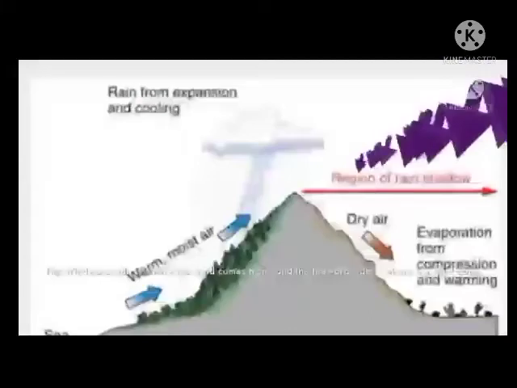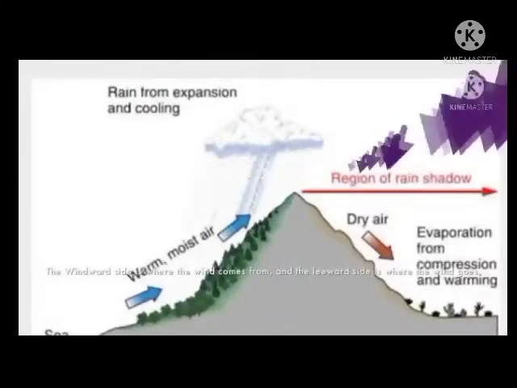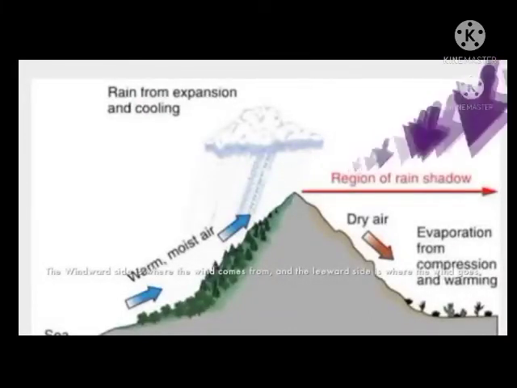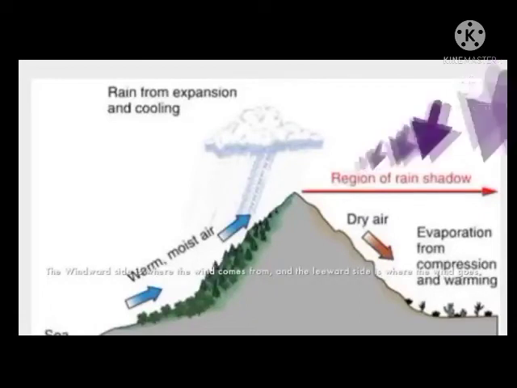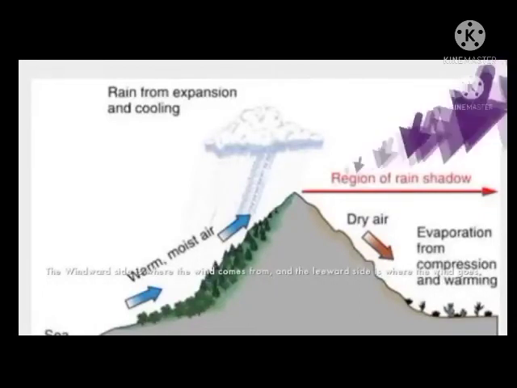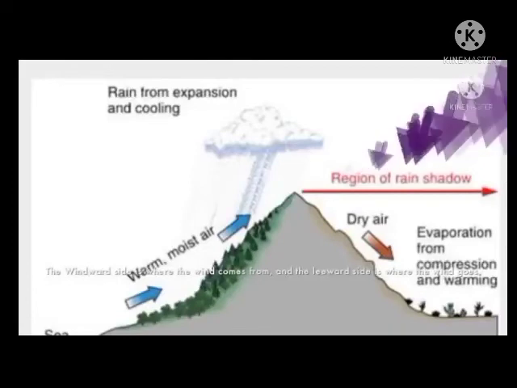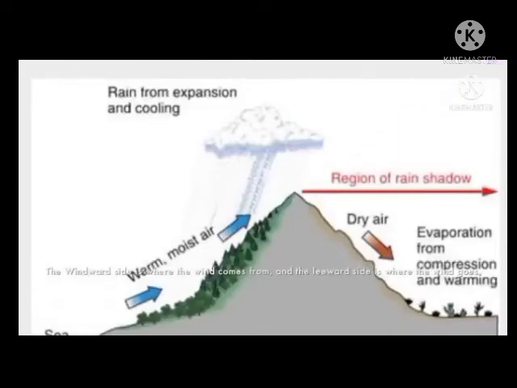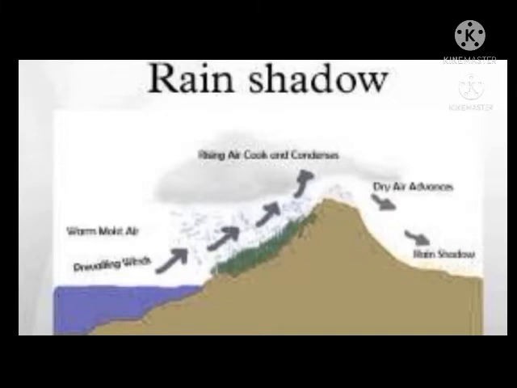As it lies in the rain shadow of the Himalayas, there is little rainfall, as low as 10 centimeters every year. Let us try to understand about rain shadow area. So this is a mountain. Clouds are formed in one part and they move from one place to another.